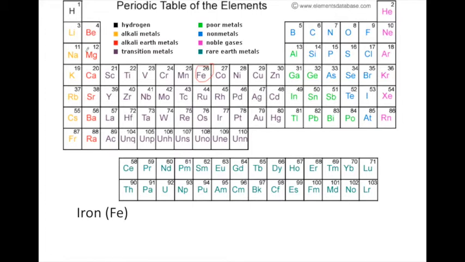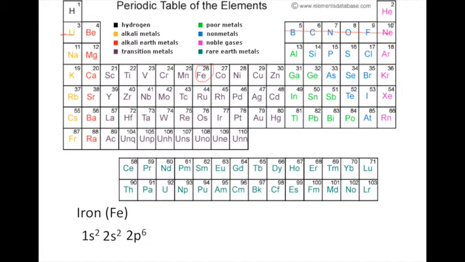So according to the rules that we discussed, we're going to, of course, begin filling the 1s. We're going to write 1s2. After that, we'll begin to fill the 2s, so 2s2. After the 2s, we go over and start filling the 2p. That can hold 6, so we have 2p6.